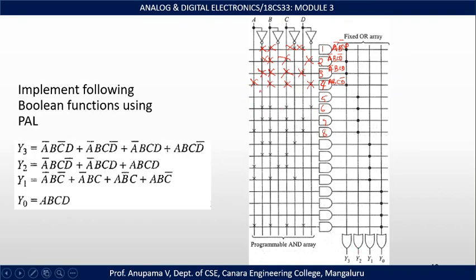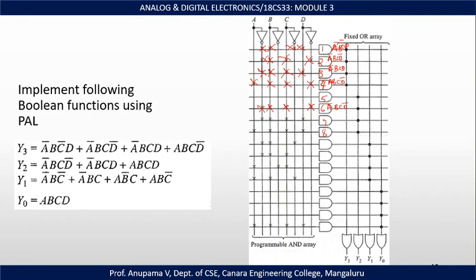The first term is A bar, B, C, D bar. Draw X against A bar, B, C, D bar of AND gate 6. The output of AND gate 6 is A bar, B, C, D bar.